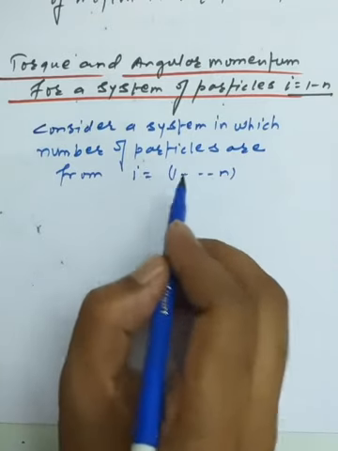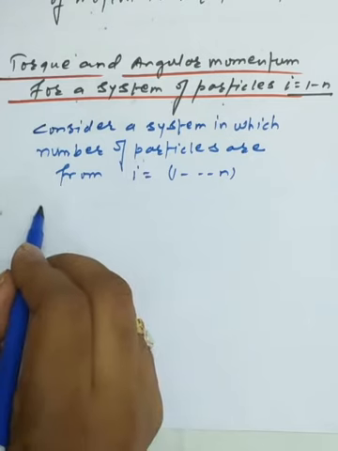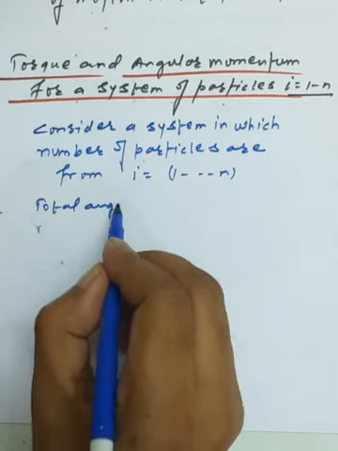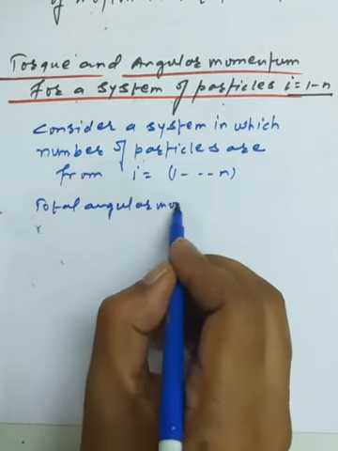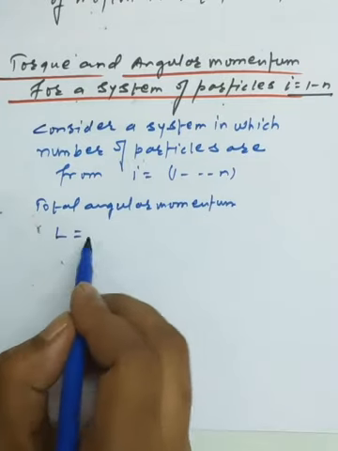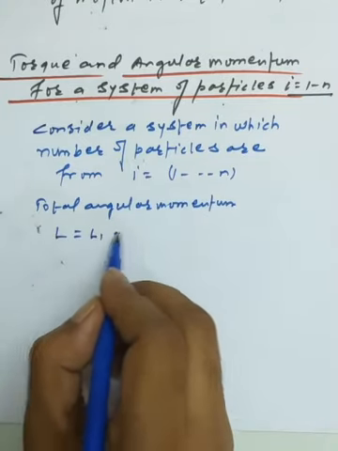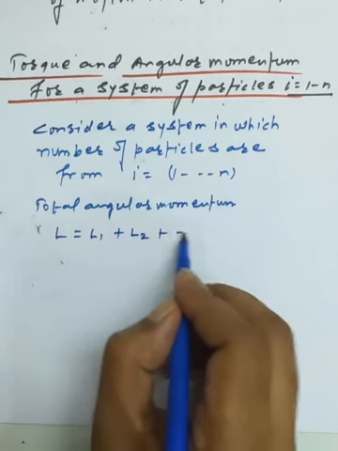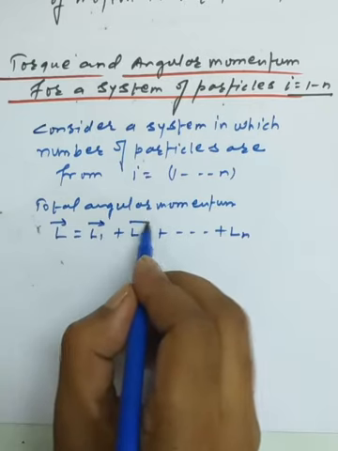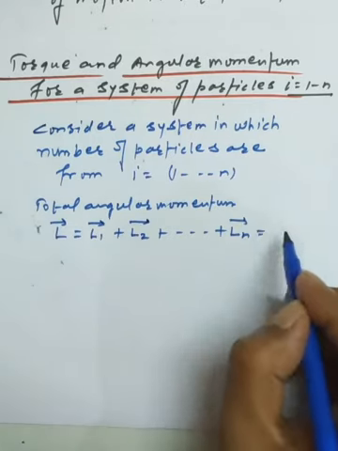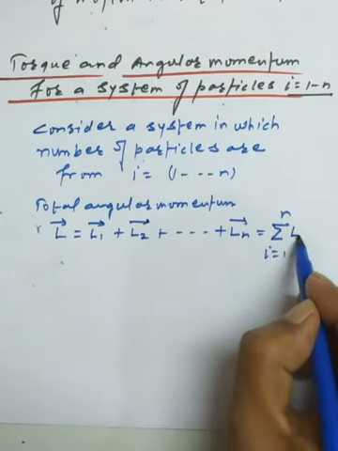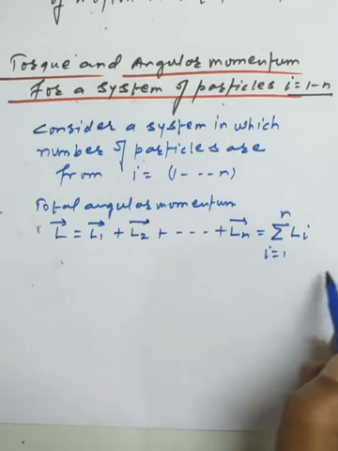So we can assume the total angular momentum L is equal to L1 plus L2 plus dash dash dash plus Ln, which is the sum over i equal to 1 to n of Li. So this is the general equation we have assumed.